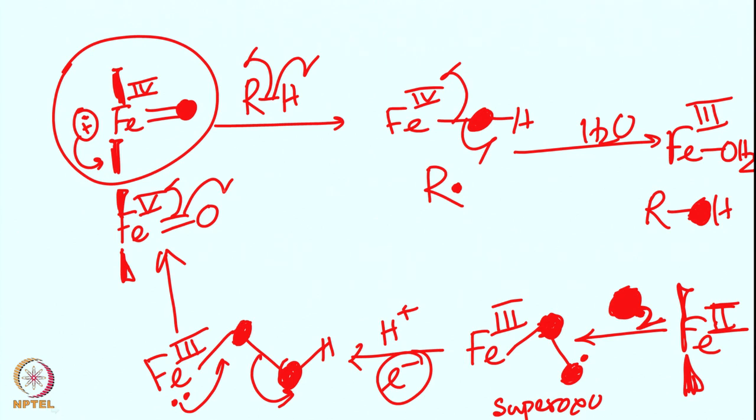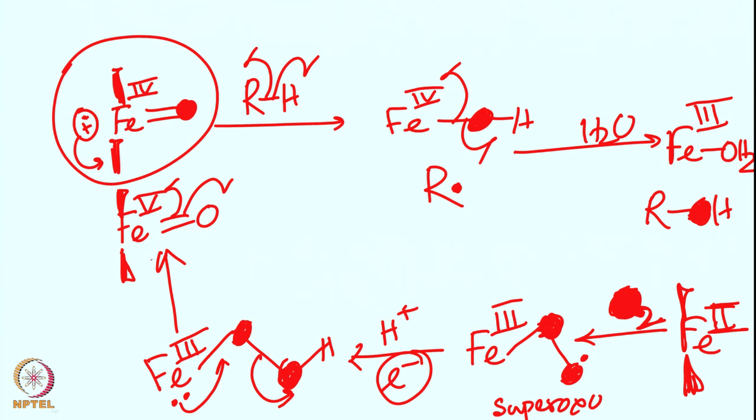Now this iron 3 hydroperoxo intermediate can further cleave to give the hydroxide and the iron 5 oxo, which is necessarily iron 4 oxo with a radical cation on the porphyrin moiety. The porphyrin ring has a conjugated electron cloud. That pi electron can be oxidized pretty easily to give the radical cation, while iron 5 gets reduced by that electron to give the iron 4 radical cation oxo intermediate, which is essentially iron 5 oxo.